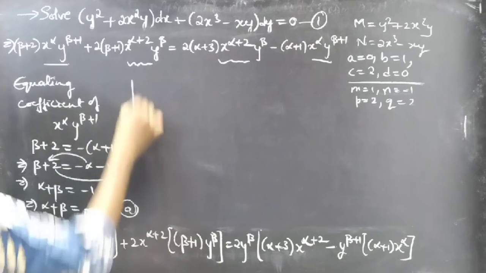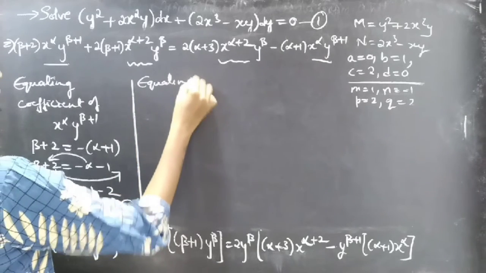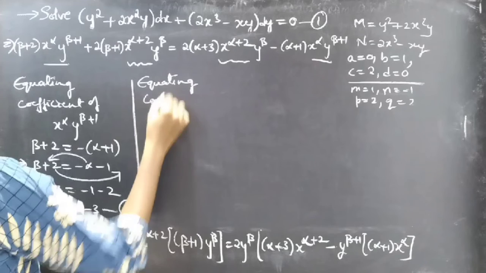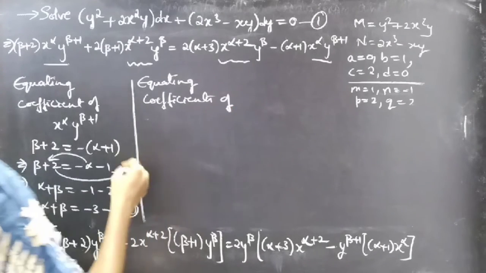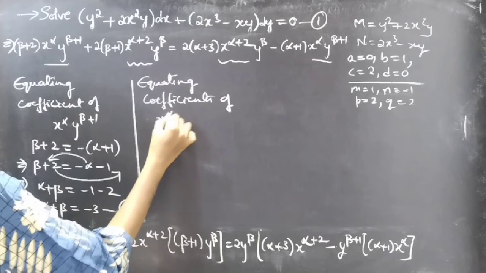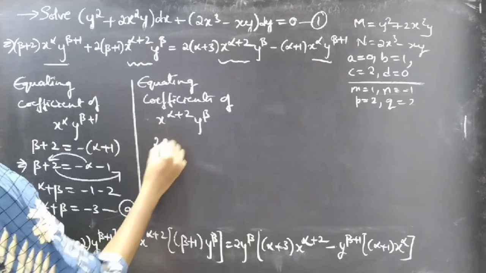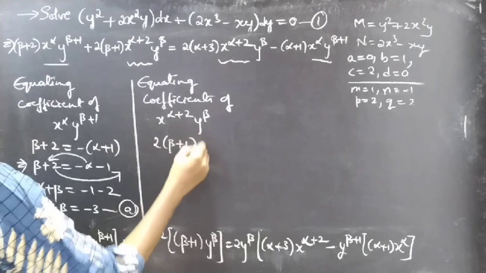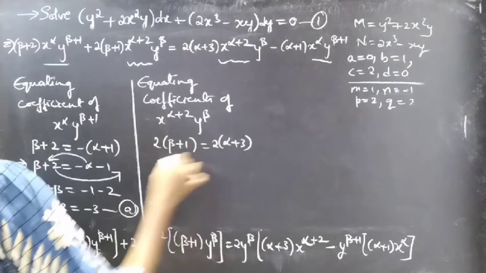Now equating coefficients of x power alpha plus 2 y power beta, which gives us 2 times beta plus 1 equal to 2 times alpha plus 3, right?